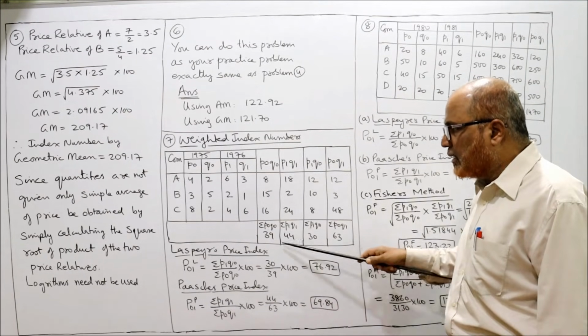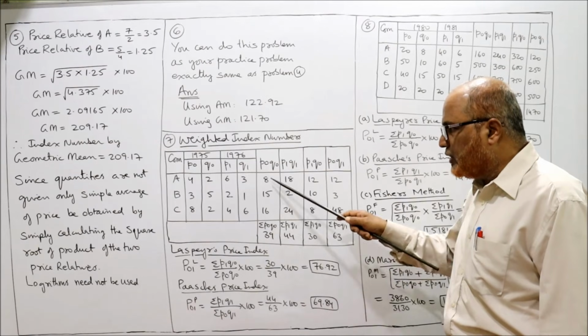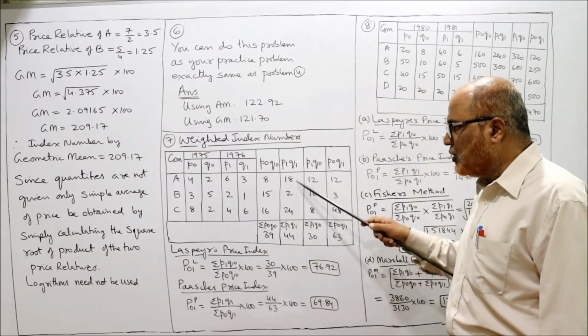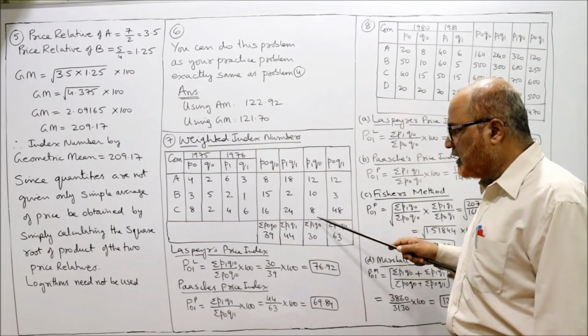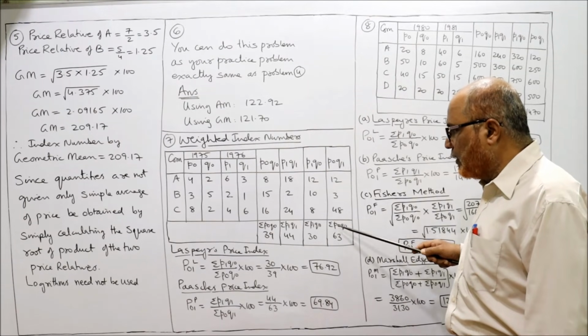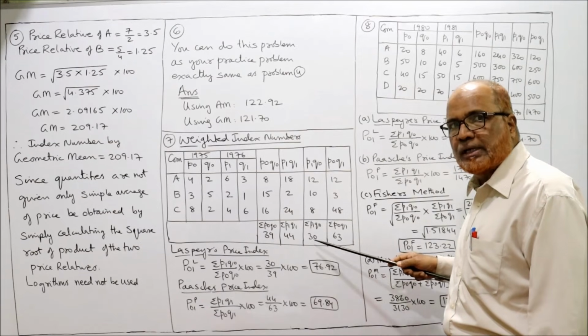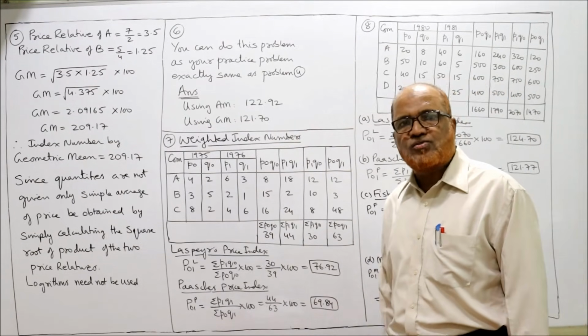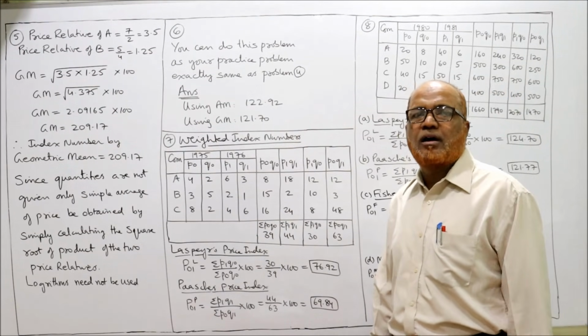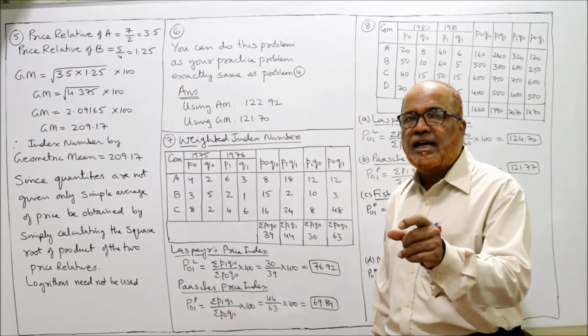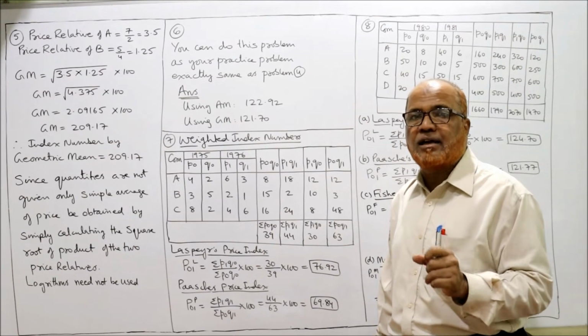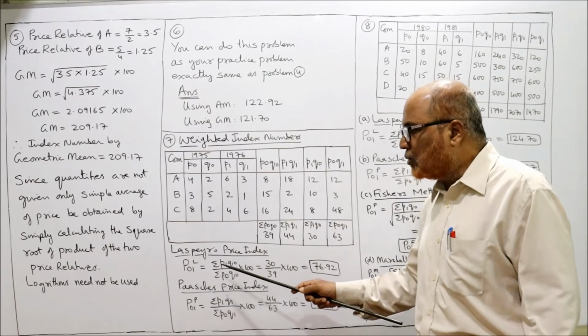Now take the total. Summation P0 Q0 you will get 39. P1 Q1 you will get 44. P1 Q0 30 and P0 Q1 63. We want these 4 totals, right? Now Laspeyres' formula. In Laspeyres' formula, we take the weight of the base year. So how to derive the formula?